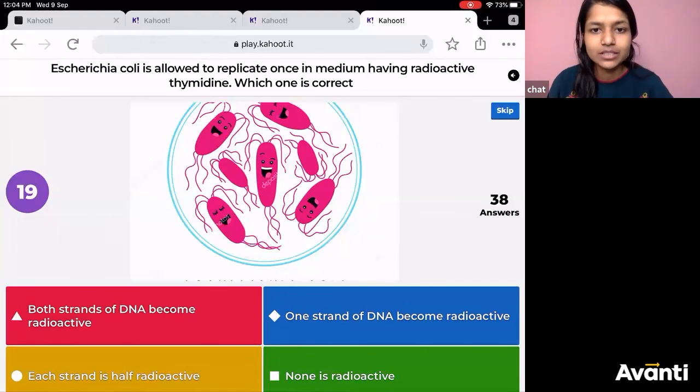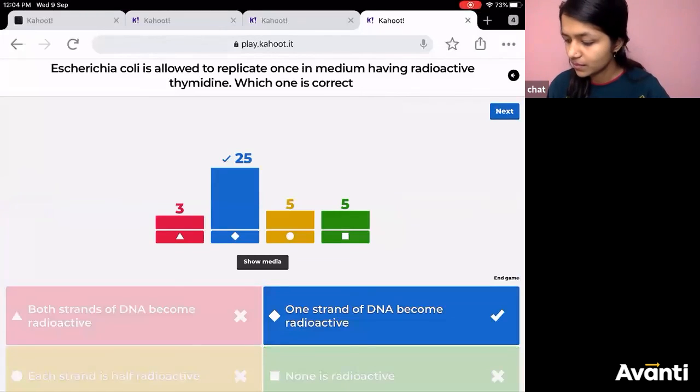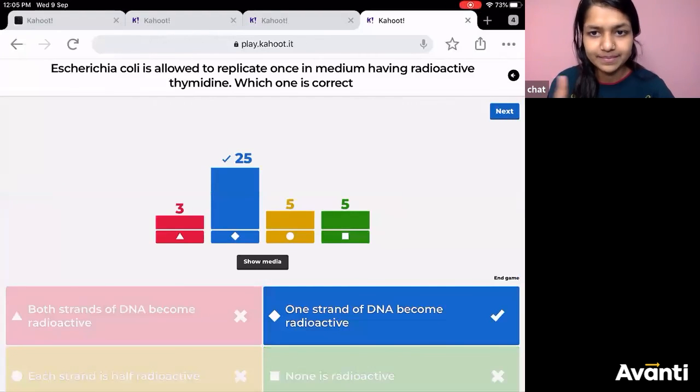So the new strand which will be formed will have what? Hydrogen 3, है ना? Tritium, है ना? So 25 of you have gone for correct, मतलब concept सबका clear हुआ है. One strand of DNA will become radioactive, right? Because only once you are doing it, right?